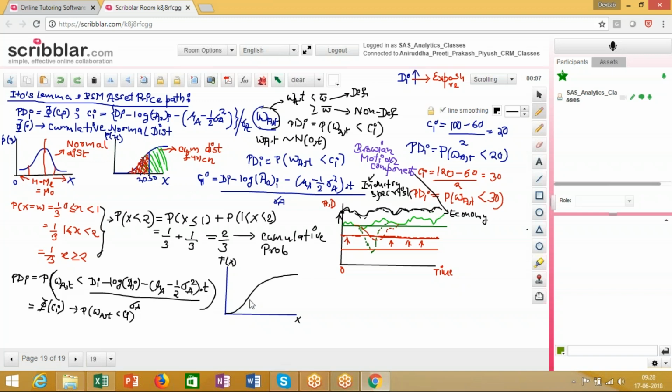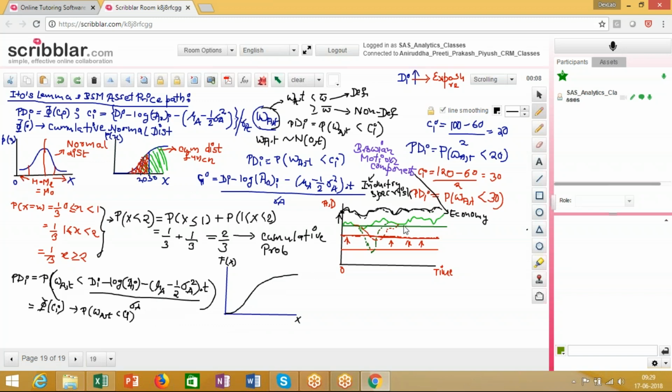Therefore, this distribution will also pick up in the middlemost values and then flatten out as you reach the tails. So towards each of the tails, the CDF will be flat, and it would peak up towards the middlemost values.